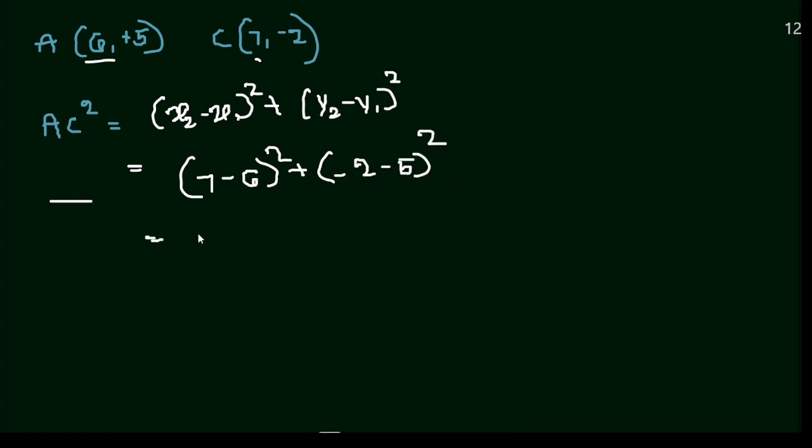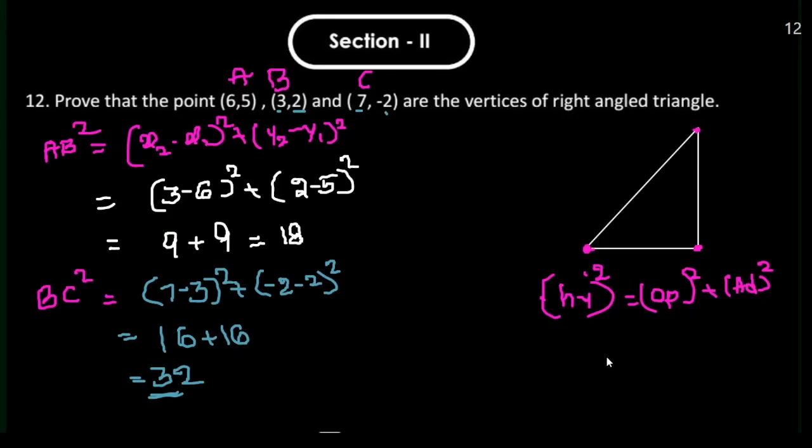Now this value is equal to 1 plus 49. That is equal to 50. Okay, AC square is equal to 50. So just substitute. Okay, and 50, AC square is equal to AB square plus BC square.